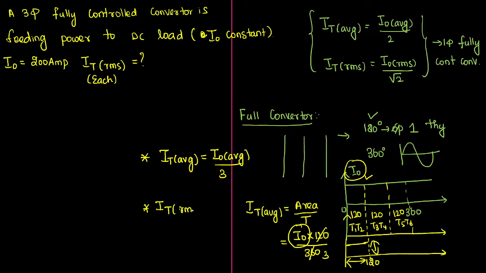I hope you remember what you have to do. You should square the magnitude, multiplied by the time period. Let me solve in the next page. The thyristor RMS current should be equal to, RMS means root mean square value. The average value of magnitude squared will be converted into RMS, right?